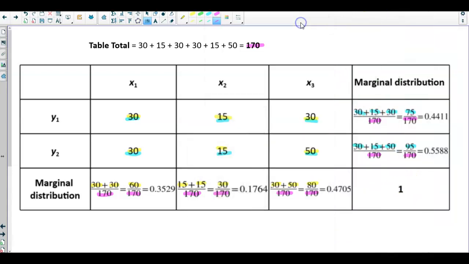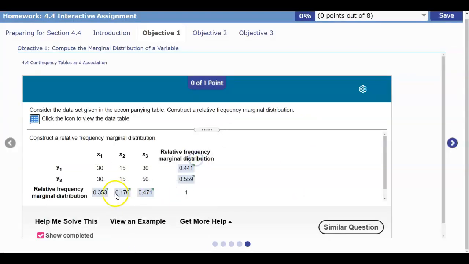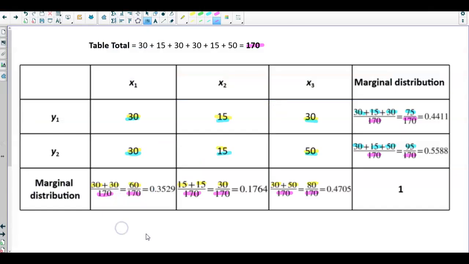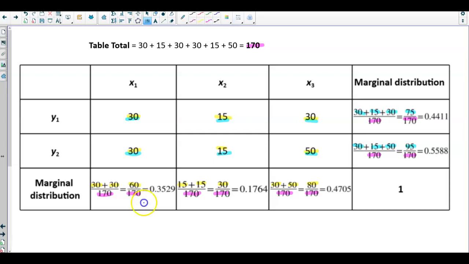Okay, now the next thing we want to do is enter this information into our table. If you notice here in the table, they're asking us to round our values to 3 decimal places as needed. So when we round, this is going to equal 0.353, this is going to be approximated to 0.176, and this is going to be approximated to 0.471.